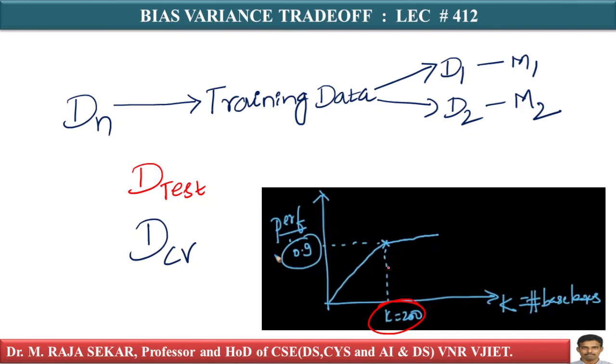the model much. So you always have D cross validation. You do all of this training of multiple models on D train.